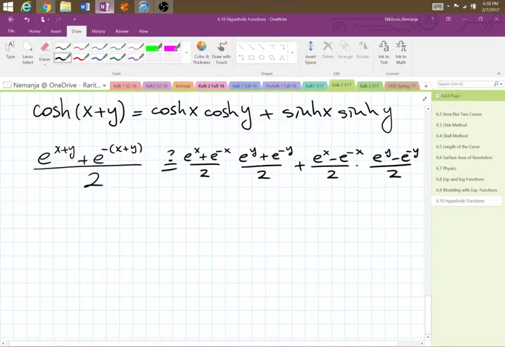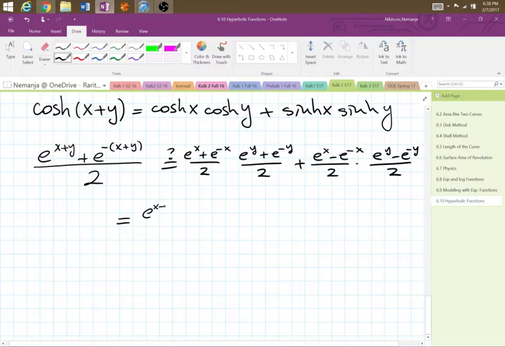All right. So all we need to do is some multiplication, foiling, canceling, and we're done. There's nothing we can do on the left-hand side. We just leave it and work on the right side. Foil. So it's going to be e to the x plus y. Well, everything over 4 first, right? 2 times 2.